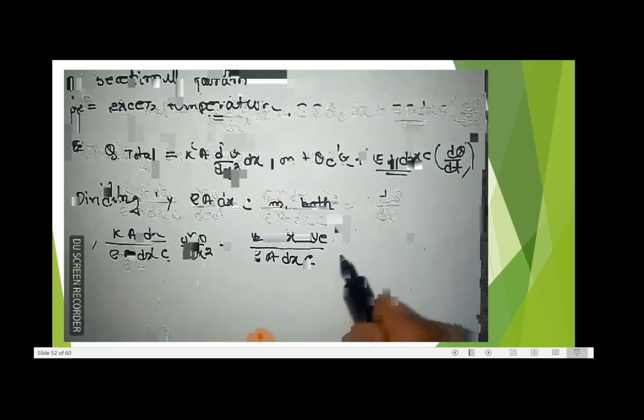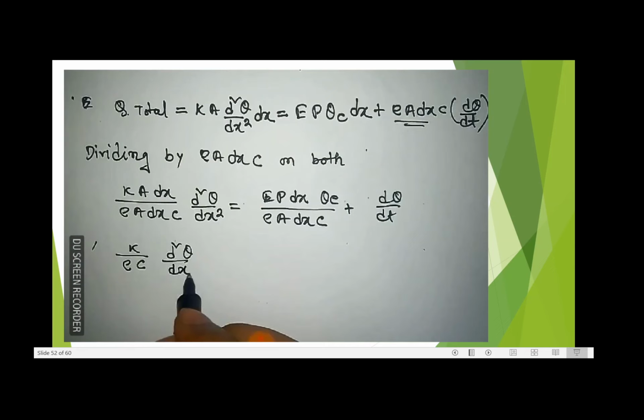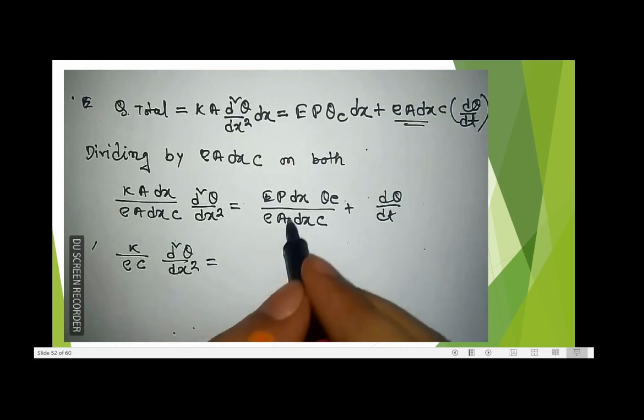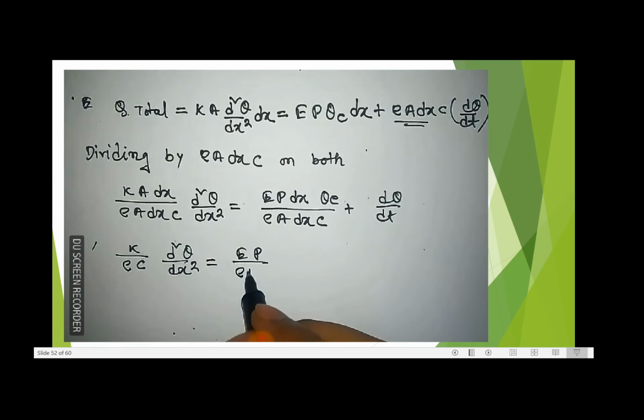K by rho c remains into d2 theta/dx2 equal to e p by rho A c into theta e plus d theta/dt. We assume K by rho c as h.